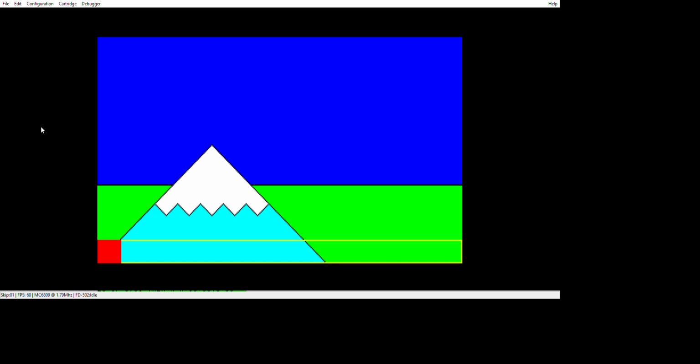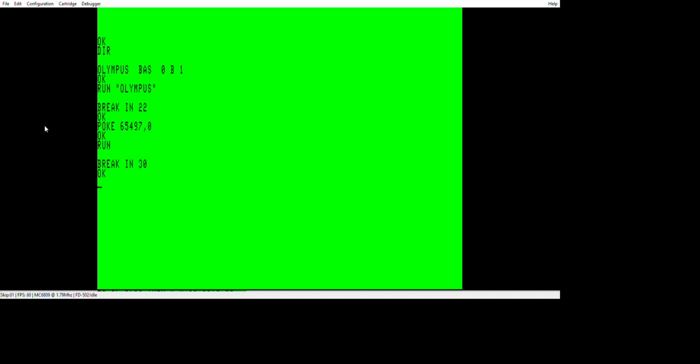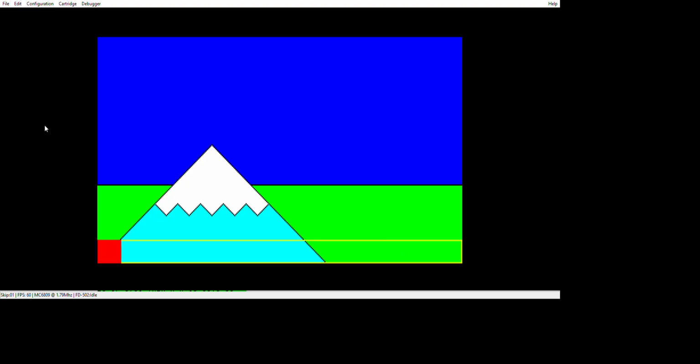And so let's see what I can do with this. It's not really that bad, but if you notice, you can see the drawing being done. I don't know if there's a way to delay that and put the HSCREEN at the end.